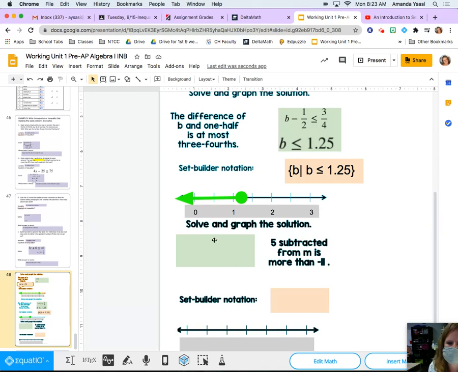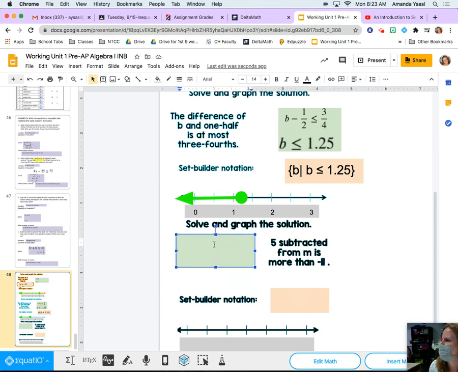Okay, good. Okay, the last one. 5 subtracted from M is more than 11. So if we use subtracted from, that's one of those phrases that switch the number and the variable around. So 5 is subtracted from M, so it means M minus 5 is more than, so what symbol do I use for that?